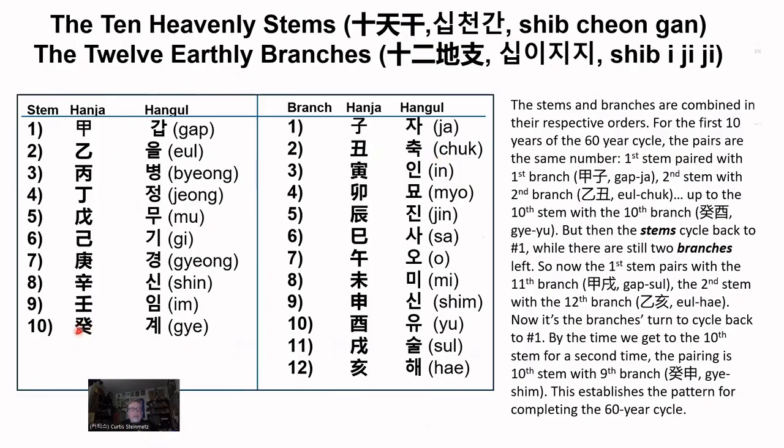But when we get to the 10th year of the 60-year cycle, we have the 10th heavenly stem and the 10th earthly branch, Gye Yu. But then we're out of stems, so we start back at 1 again. But we still have 2 branches left over.